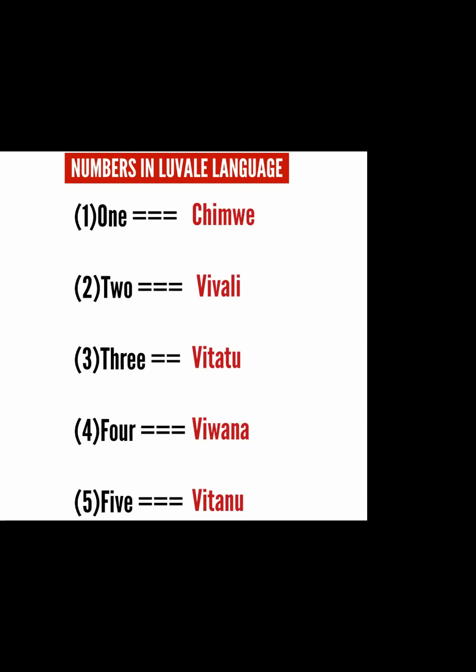Shikaho means therefore, or hence. We need to know this by heart if we are to know numbers in Luvale. So, Mama Gloria, you made the request, I'll quickly go through 1 up to 5. 1, chimwe.